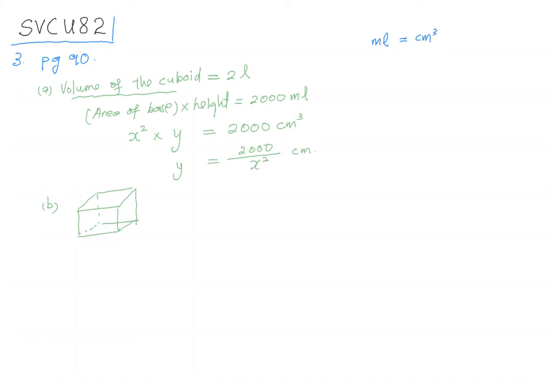Six. 6 faces. Okay. But in this case, when you read from the beginning, it says it's an open box. So now, if it is an open box, then we have 5 faces. Am I right?